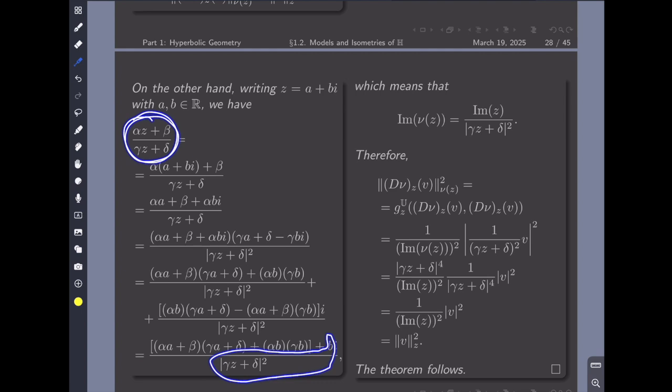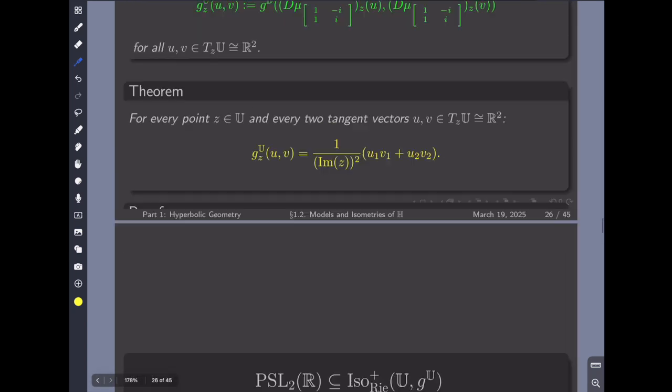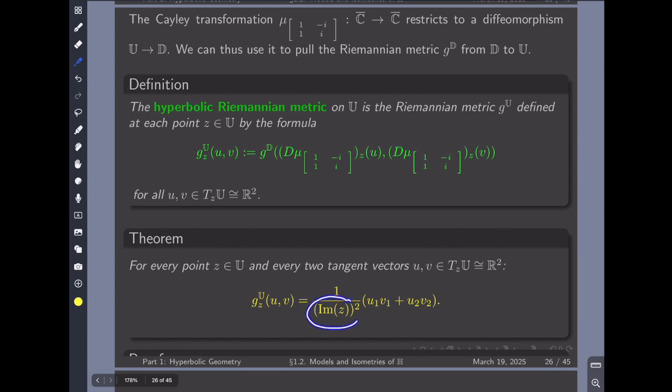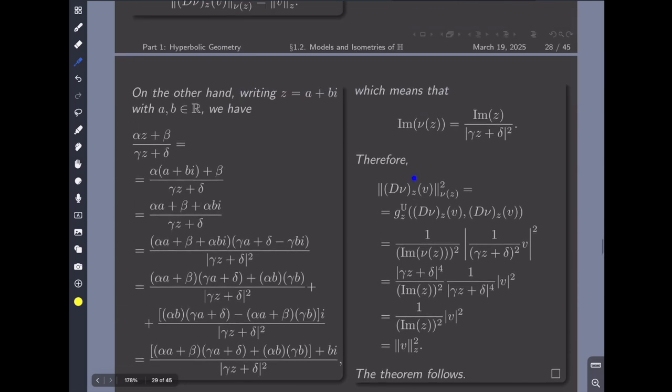Why did I compute that? Well, because the imaginary part appears in the computation of the dot product. So now I do the computation of the dot product of this with itself.